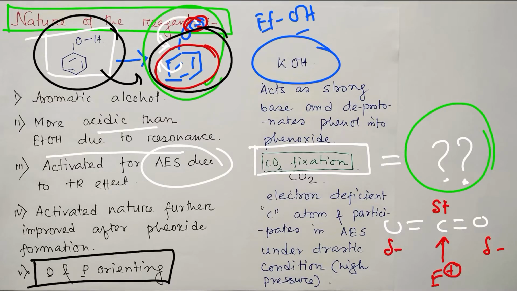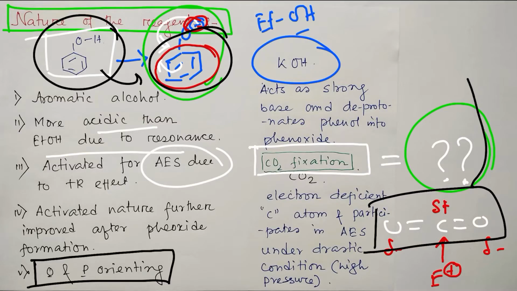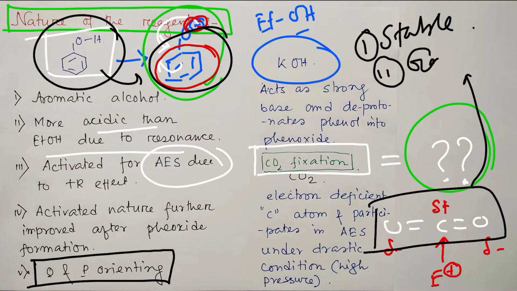Under high pressure and high temperature, it reacts with this electrophile. Why such harsh conditions, high pressure and high temperature? First of all, carbon dioxide is a stable molecule, thermodynamically as well as kinetically stable. Second, it's a gas, so pressure is needed to bring the gas into the liquid reaction mixture. That's why they react under this condition.